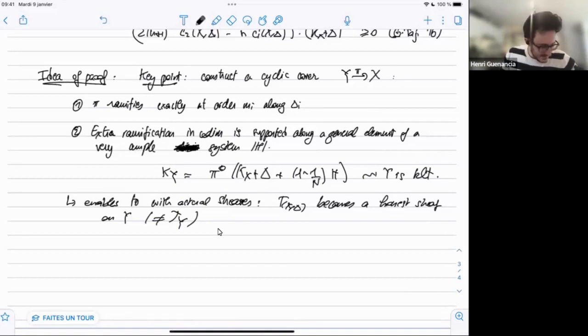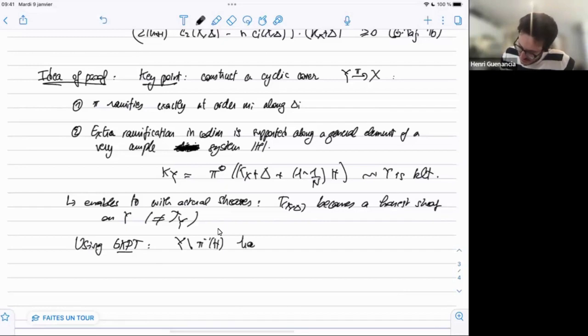And then my time is over, so I'm just going to say that using GKPT, so not the statement itself, but what they prove in the paper, we can actually prove that Y minus π inverse of H has quotient singularities.